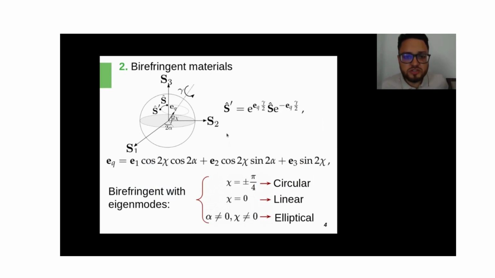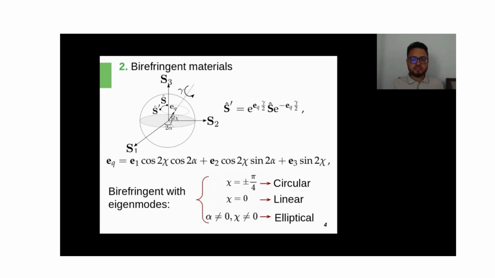One of the most used ways is birefringent materials. We're going to use the geometric algebra approach of quaternion algebra; in general a birefringent material or any transformation could work from the classical or quantum theory of polarized light.